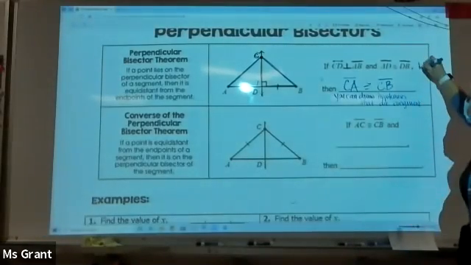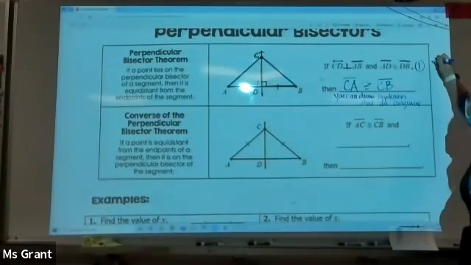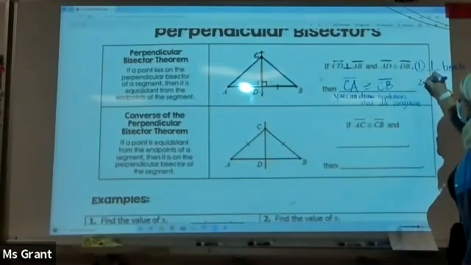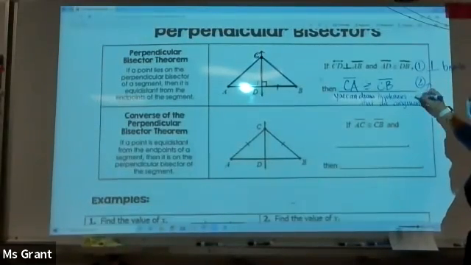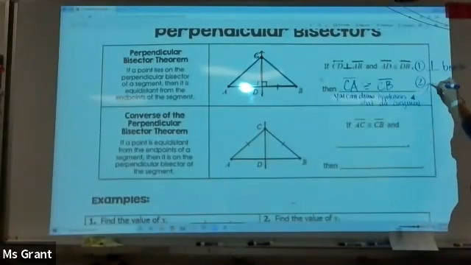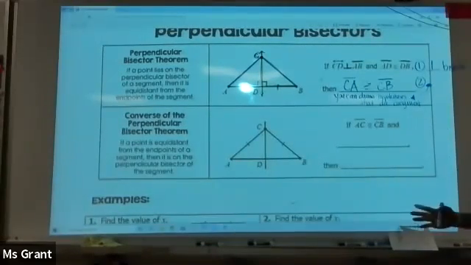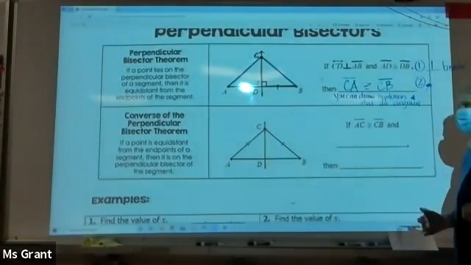Okay, so first thing I have is I know that I have a perpendicular bisector. The second thing I have is that two hypotenuses can be drawn, and those hypotenuses are going to be congruent. So that's the ordering. And the reason that I'm putting a 1 and a 2 is because now I'm going to talk about the converse, which is flipped.